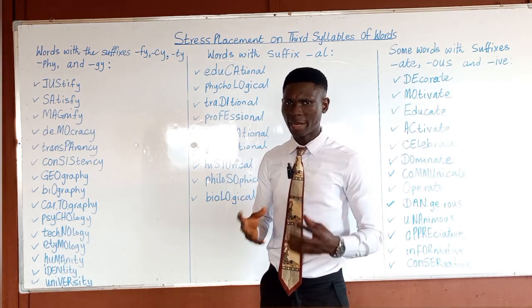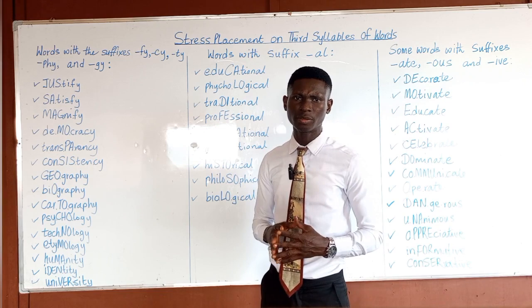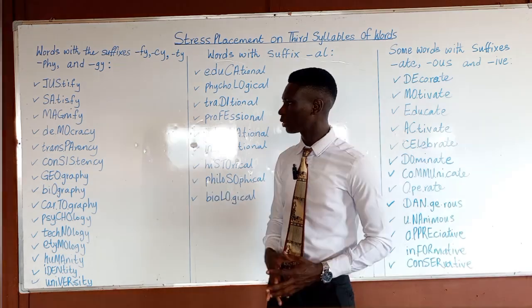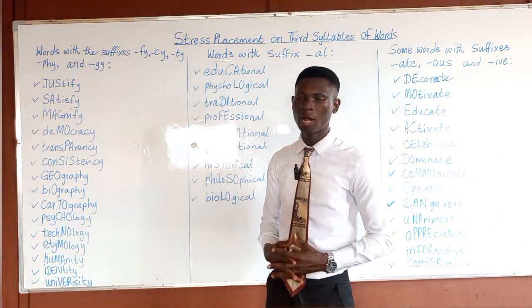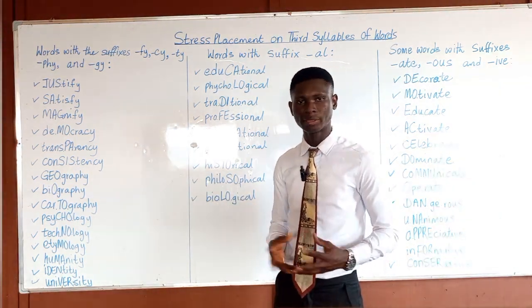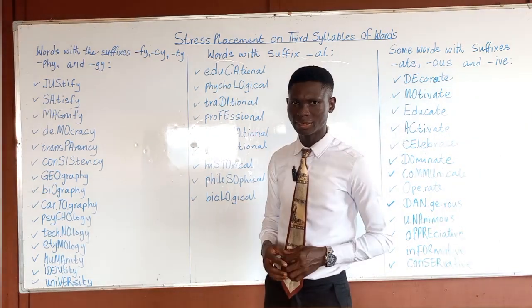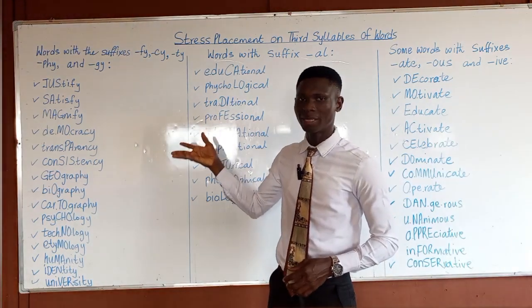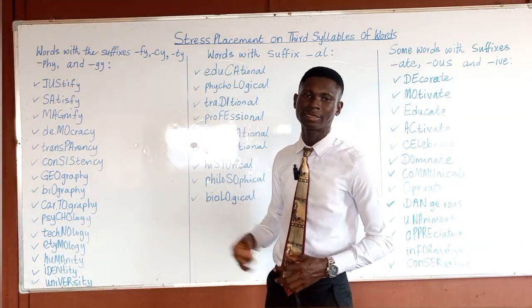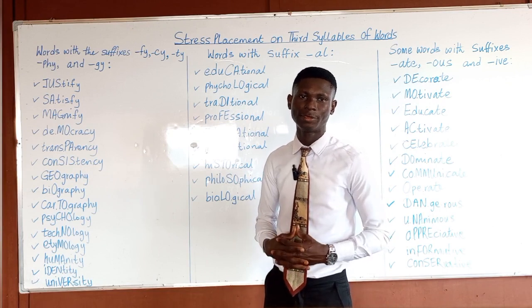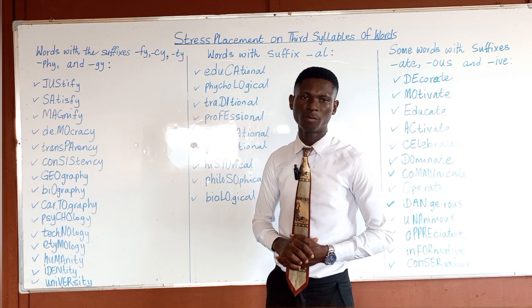JAMB students, WAEC students, pay apt attention to this. It will really help. And most of the words I use here are often used by JAMB or WAEC to set that question. So this will really help you to understand the stress pattern as long as word stress in English language is concerned.